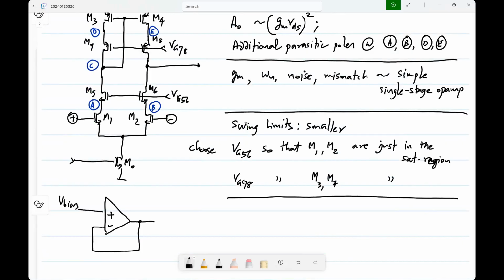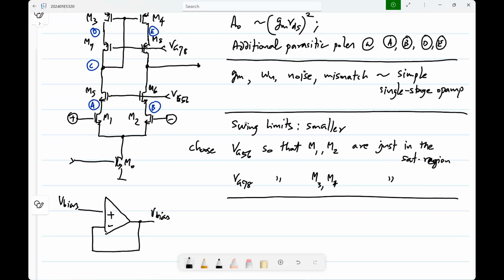If the input is biased at V bias, ideally, this should also be at V bias, okay? Now what happens is the following. Let's forget random offset. Random offset is because of mismatch. So that will anyway cause a difference between the output voltage and the input voltage.